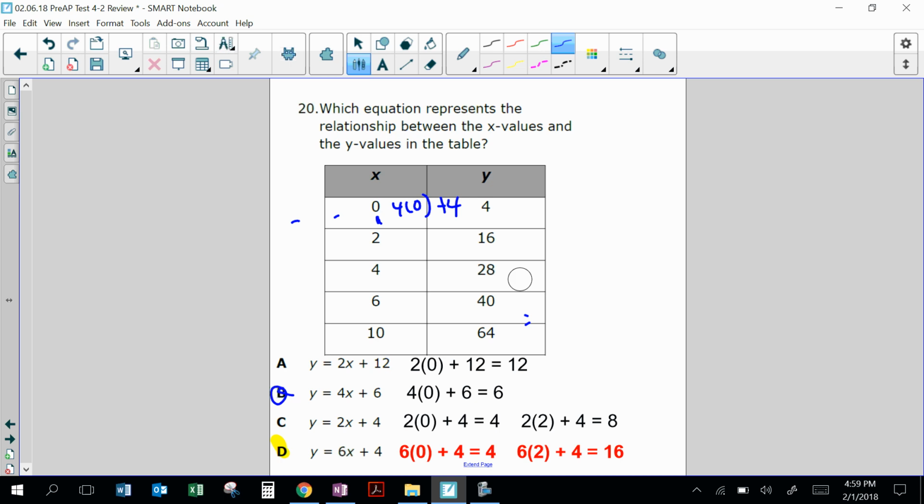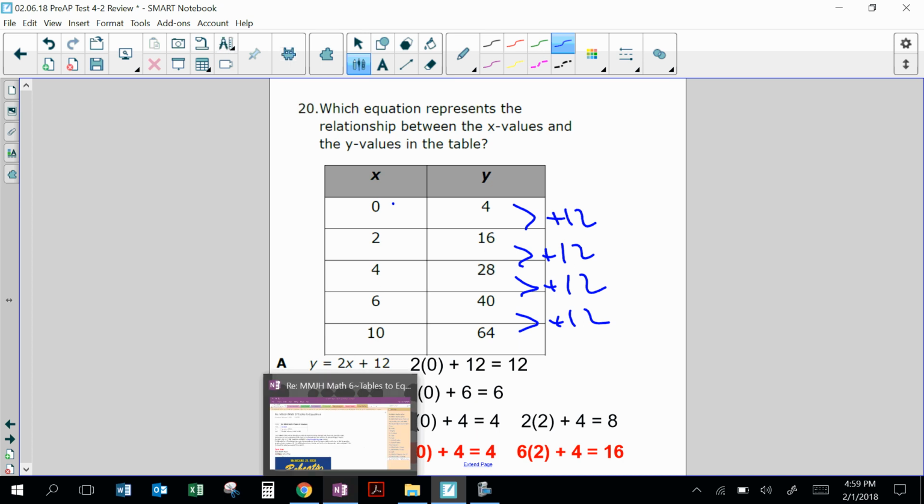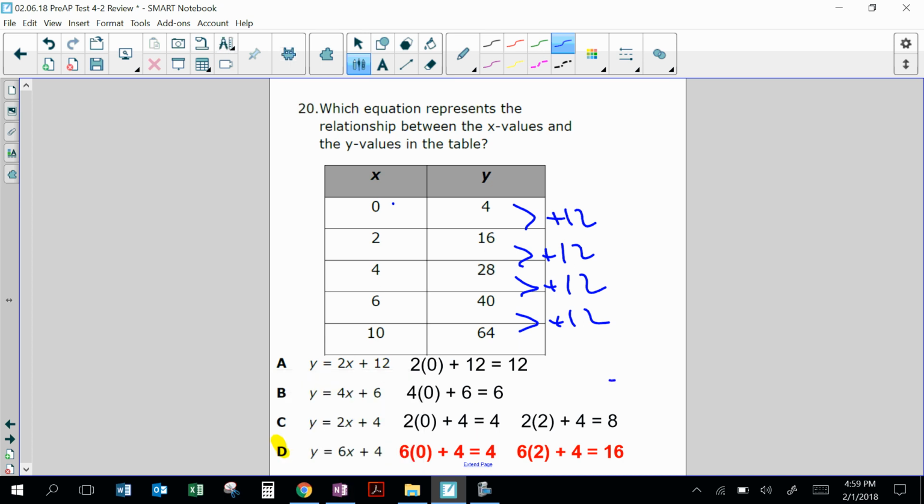The constant rate of change is plus 12, plus 12, plus 12, plus 12. You're going to look at this and say, but none of these show a constant rate of change of plus 12, so there is no answer. Oh, yes, there is. It's changing 12 for every 2.